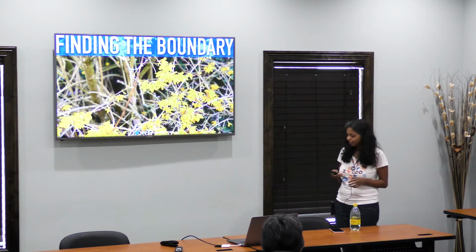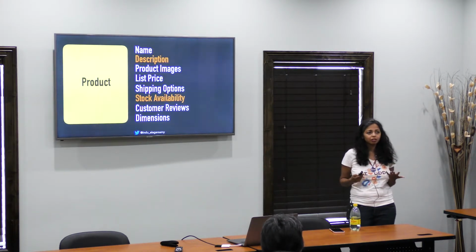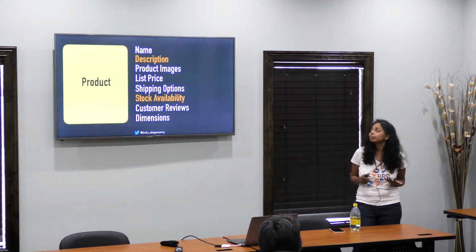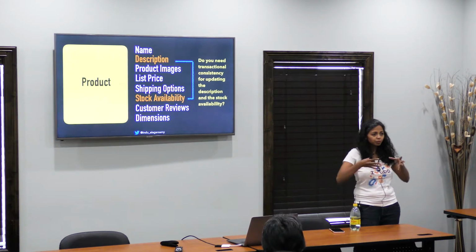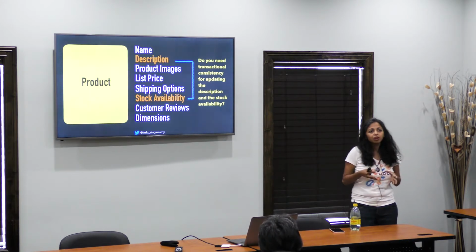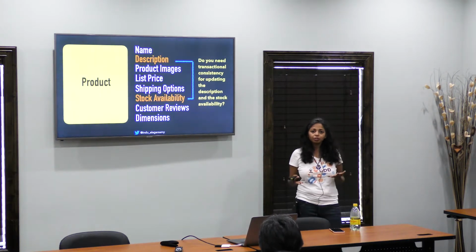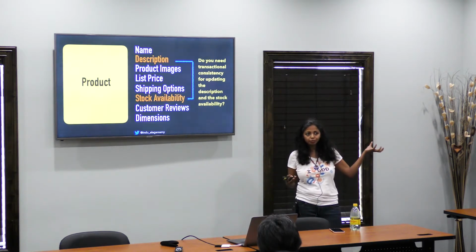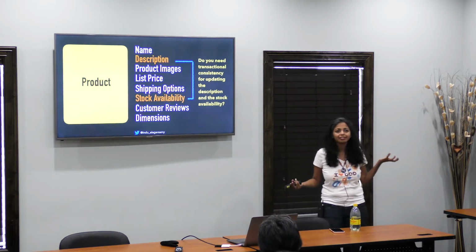So some ways are, when you look at your model, ask yourself, do you need transactional consistency between what's in that model? So for example, would you ever need to be in a position where you're updating the product description and, say, the availability, the quantity at the same time?